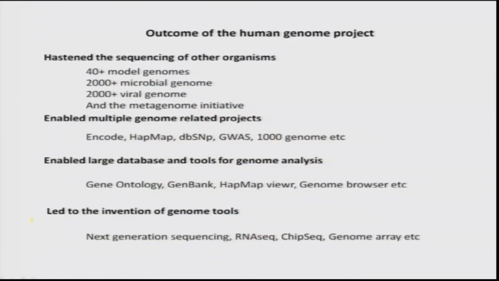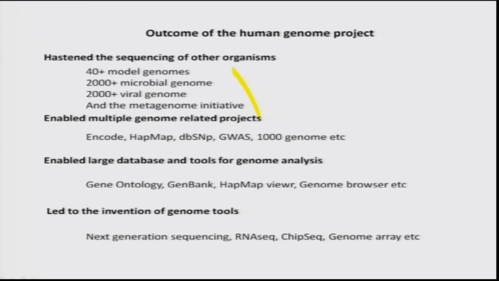So, what is the outcome of the Human Genome Project? Is it simply a mission that was completed, showing that we can do something, or did it really make any difference to us? It has hastened the sequencing of other organisms. This is somewhat outdated, but we have 40 plus model genomes sequenced, more than 2000 microbial genomes sequenced, 2000 viral genomes sequenced, and a large initiative we discussed in the previous lecture, called the metagenomics initiative, where you try to understand the genomes of all the microbes that are around us, including in our digestive system.